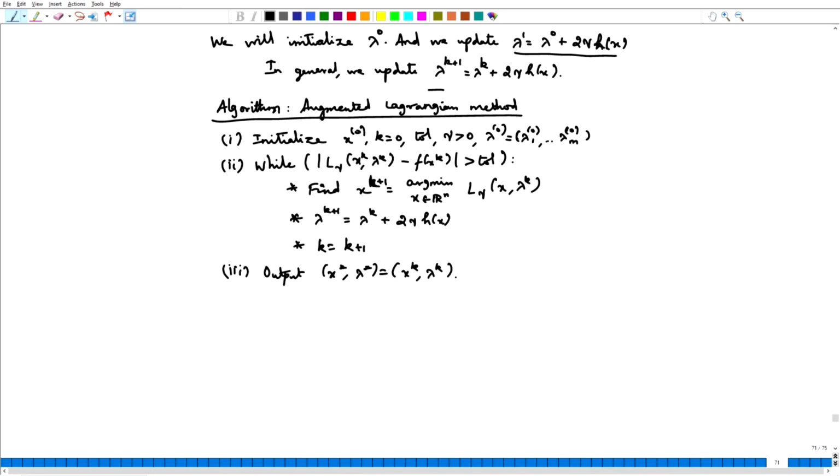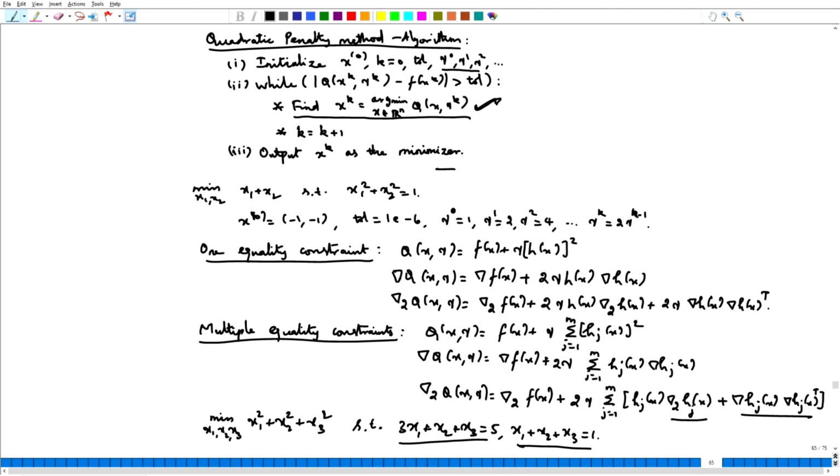So, you can actually see that at least when you have only equality constraints, the algorithm for quadratic penalty method and augmented Lagrangian method remains almost the same. If you compare what you have here and what you have there, even the steps are exactly the same.